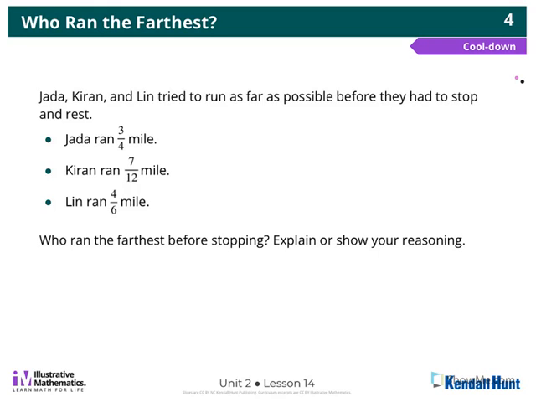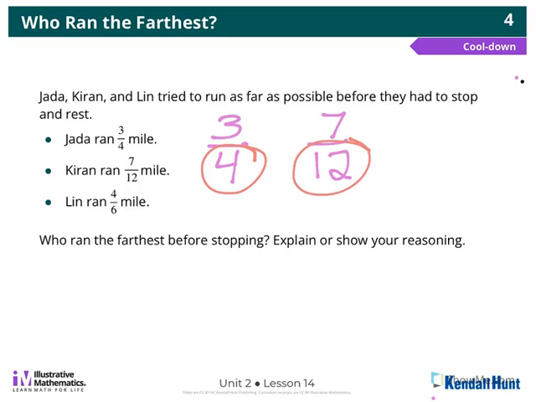All right. So Jada ran 3/4 of a mile. Kieran ran 7/12. So first I'm going to compare Jada to Kieran. And the first thing I notice is they have two different denominators.